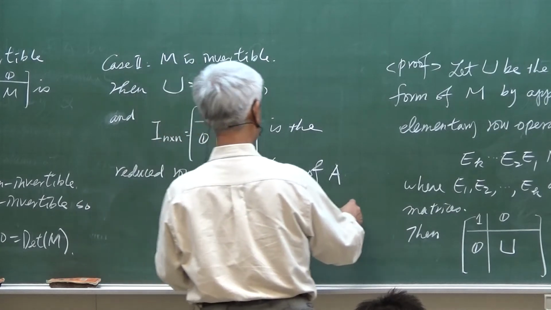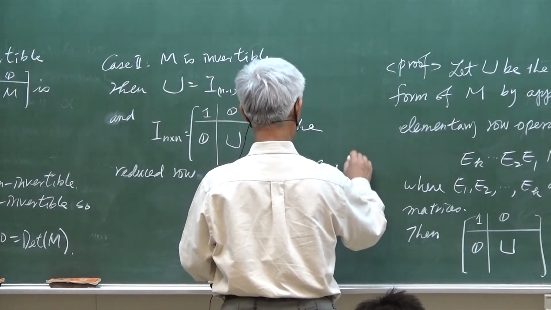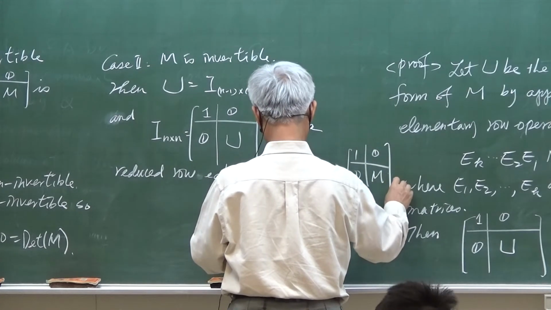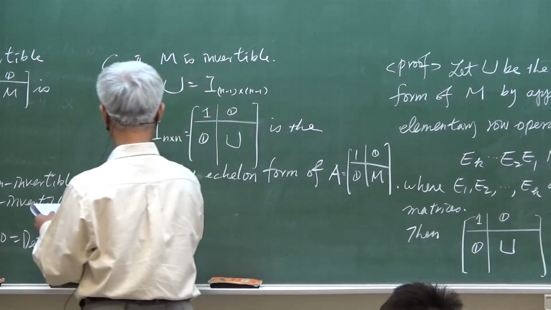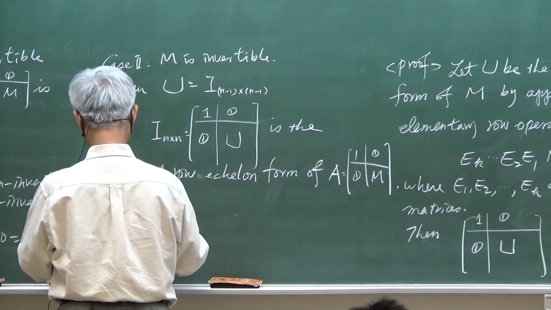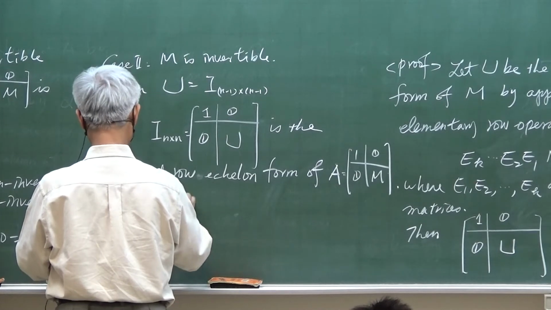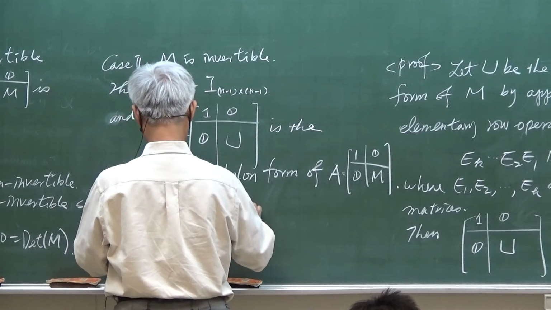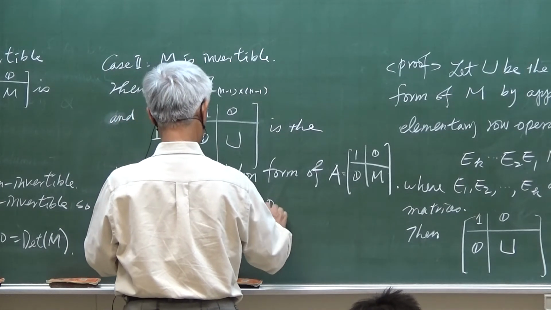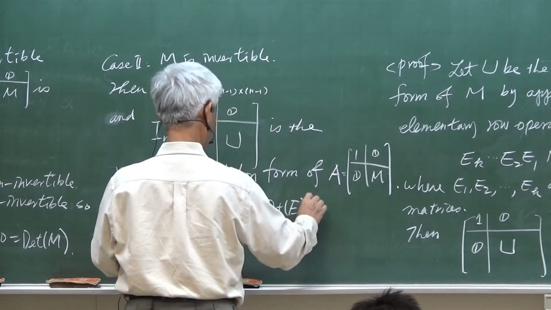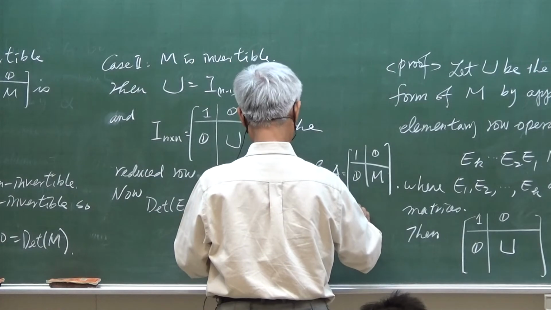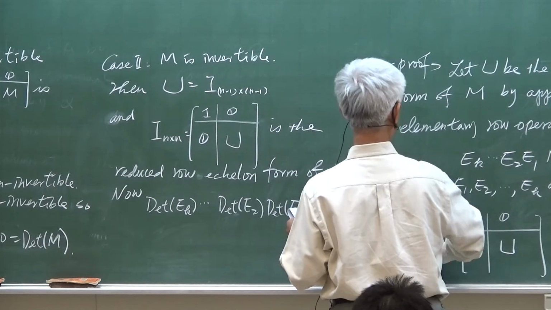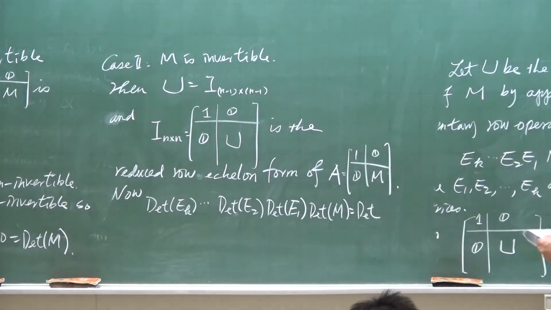Okay, so now we have the determinant of Ek, the determinant of E2, the determinant of E1, the determinant of M equal to the determinant of the identity from here, right?